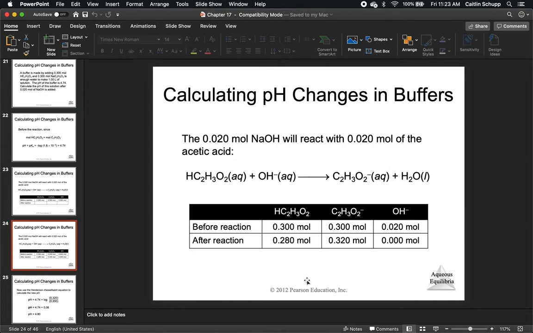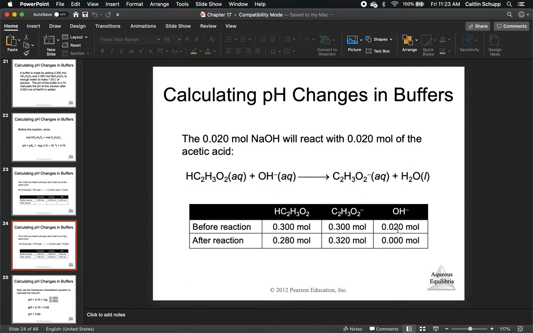Now, in our particular case, we know that since OH is a strong base, that NaOH is a strong base, every single one of these molecules is going to react with one of the H molecules. And since we know we have this molecule in excess, we also know that it's going to completely react. So we have to get rid of all of the OH until it's gone. And in doing that, it's going to be 1 to 1.